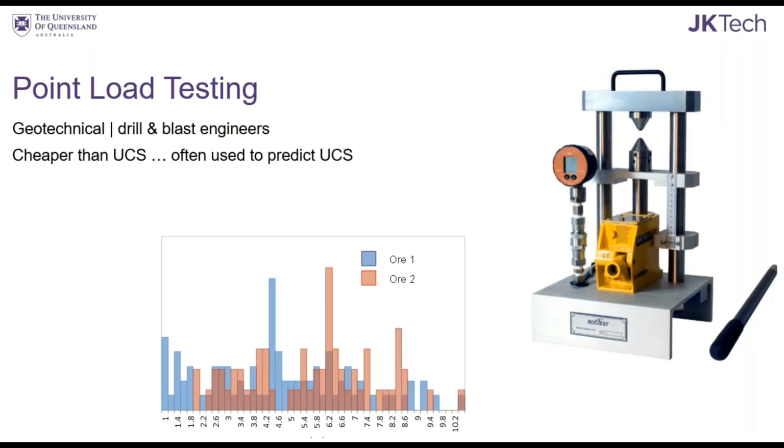Like I said there, it can often be used to predict UCS test work as well. They usually have some sort of close alignment. But the better thing about this test is it doesn't require core. It can be used on rock samples as well.